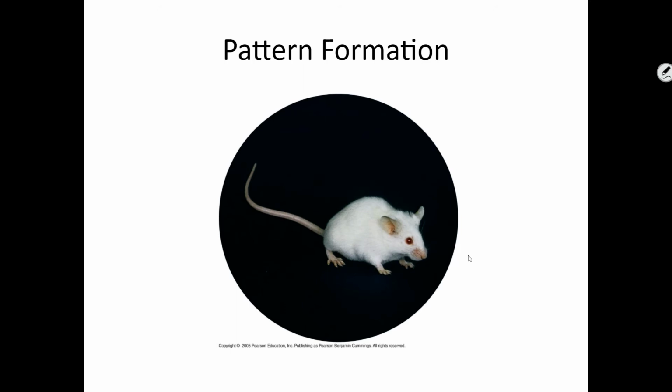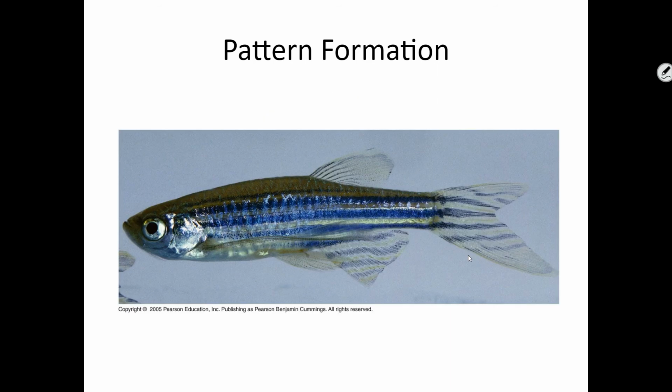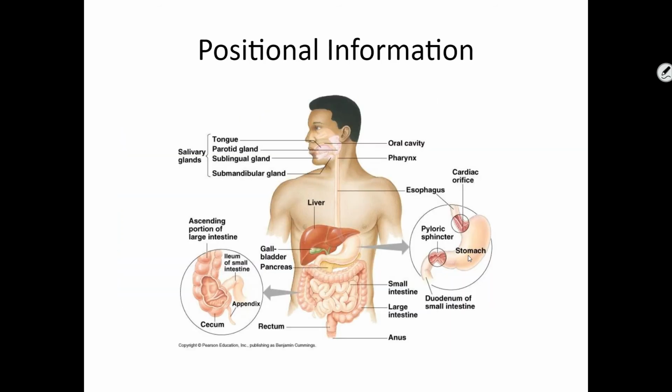And so there can be a lot of change and a lot of tweaking in these pattern genes and another set of positional genes. The positional genes just say this is where things are. If you think about pattern genes, this is the shape of things. Positional genes, this is where things are located.